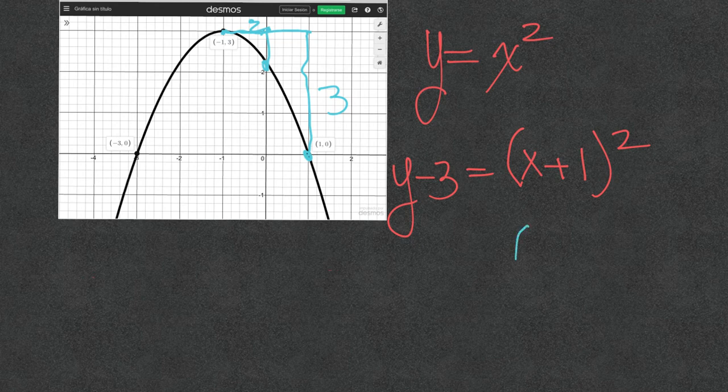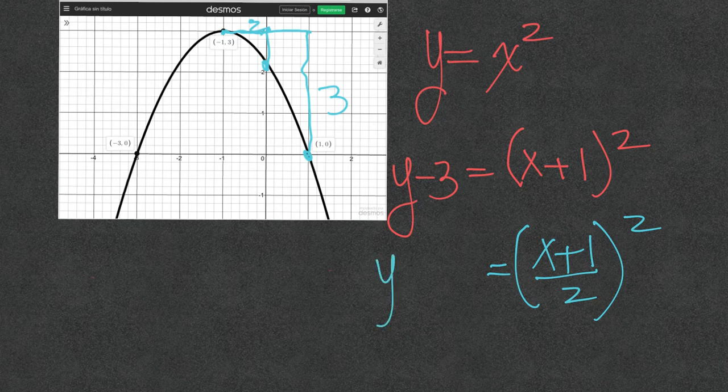So let's rewrite this. X plus 1 over 2 squared equals, and now I know I have y minus 3. And then don't forget, it's a vertical dilation by a factor of 3, but it's also a vertical reflection, like a reflection about the x-axis. So we're going to put our minus 3 here.